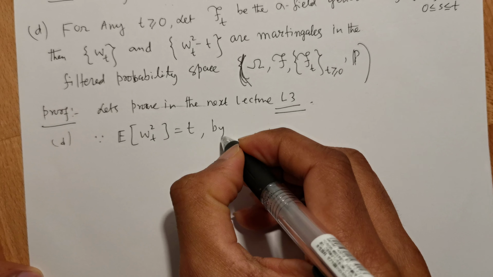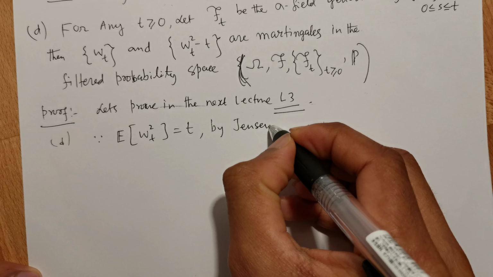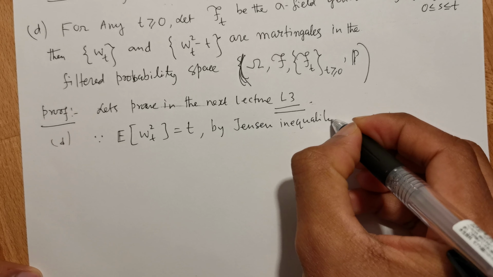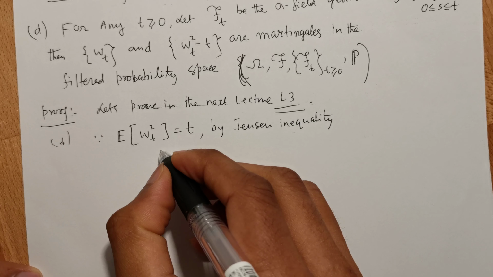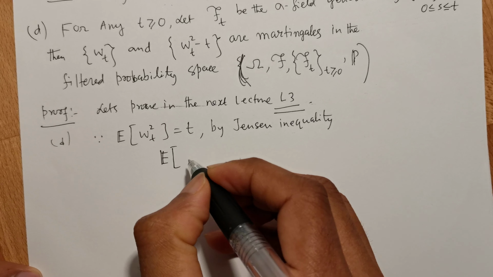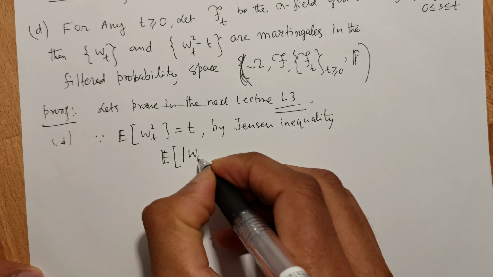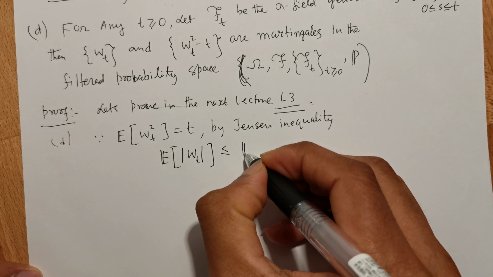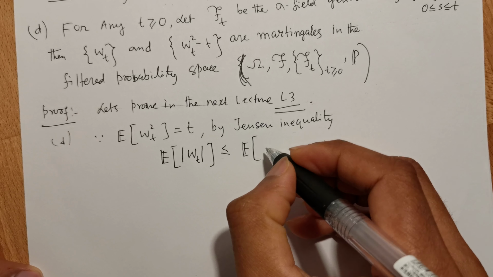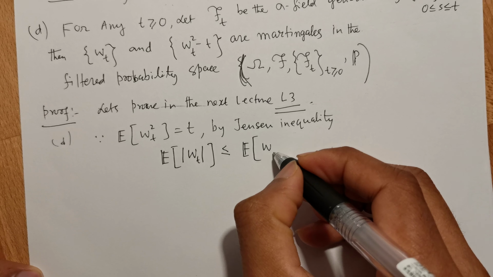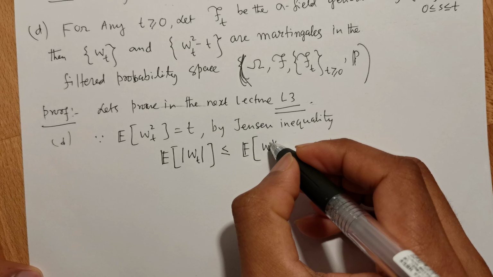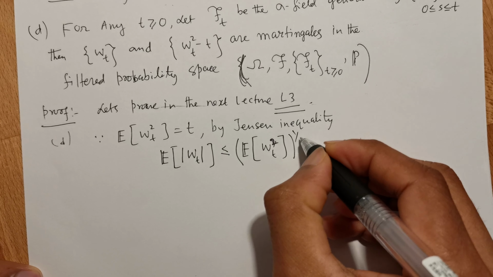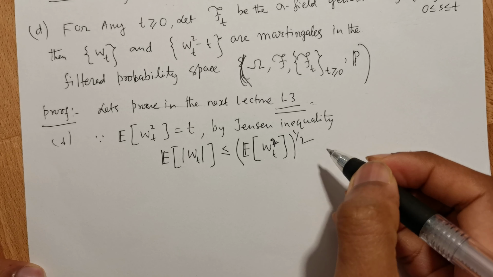Now by Jensen inequality, we have expectation of modulus of Wt is less or equal to expectation of Wt square to the power half, right?